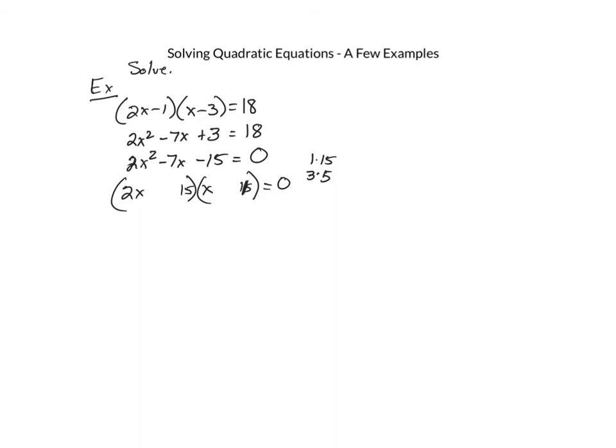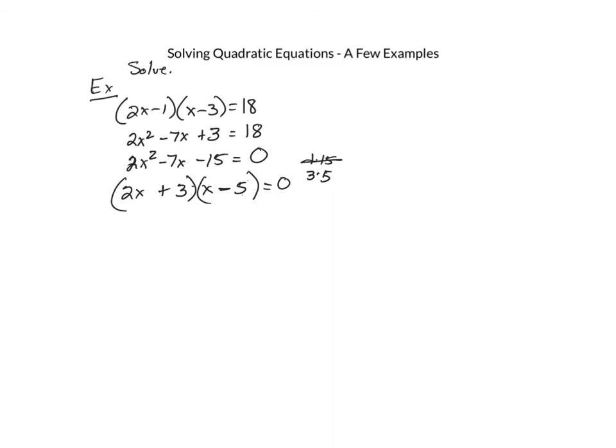So let me erase that. And so that's not it. That 1 and 15. I'll try 3 and 5. So I put a 3 here and a 5 here. Oh, that looks good. We have a 10x on the outside and a 3x on the inside. So if I make a negative here and a positive here, it factors.